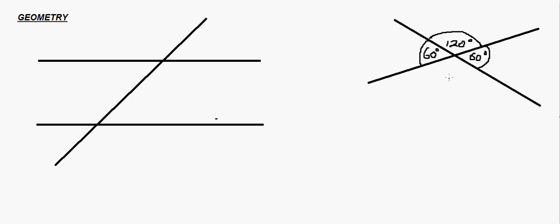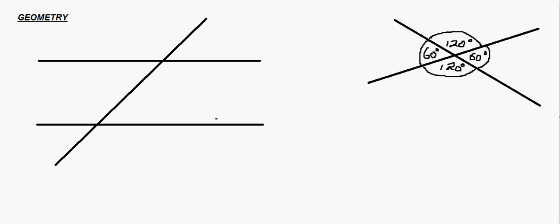Now, because these angles are opposite one another, this also would be 120 degrees. Okay. Now you can check this, because if I was to put a compass point here and draw a circle, my circle would be 360 degrees. So if I add up these two angles, that's 240, plus this angle, that's 300, plus this angle, 360 degrees.